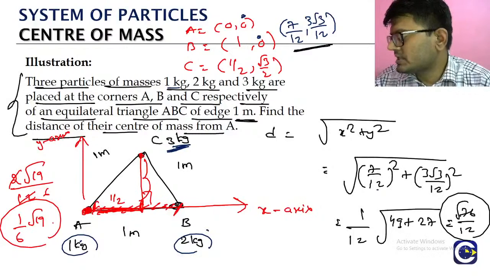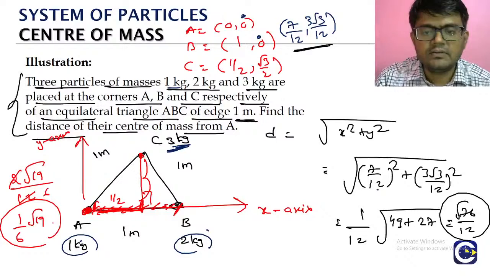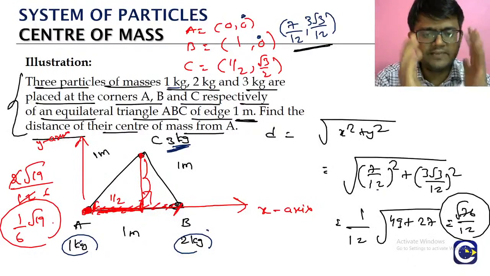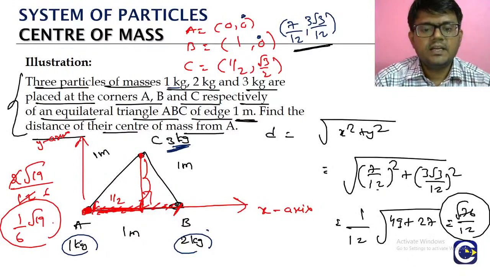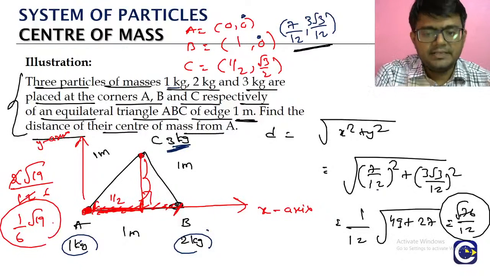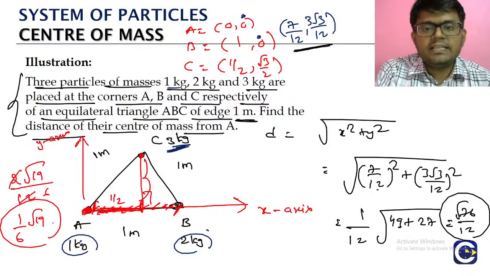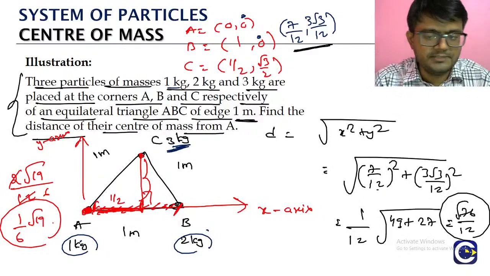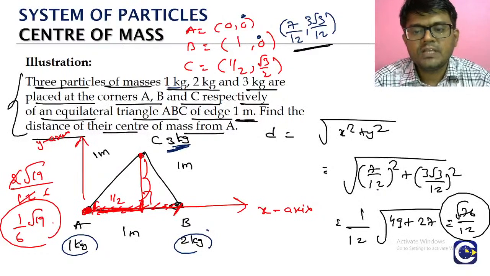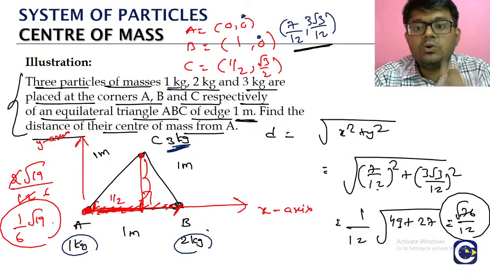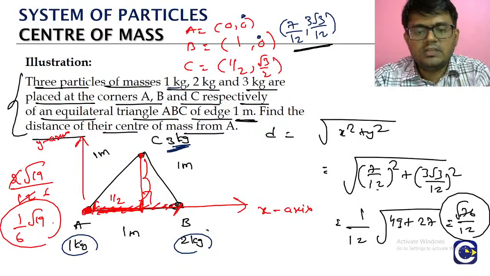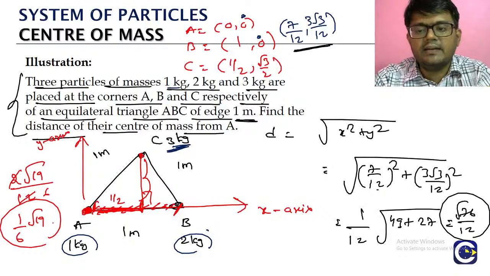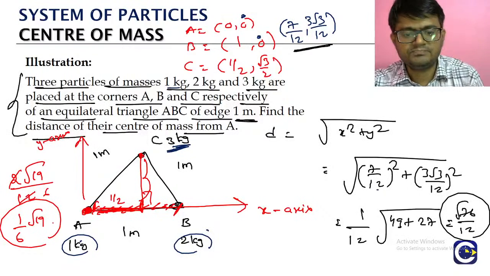So for all questions like this, same pattern, it's a very blind rule in most cases. They will say find the distance from the point, take that as the origin, then you decide the x-axis, y-axis, and accordingly we proceed. Here, if we know the properties of the equilateral triangle, it will help us get the answer fast.